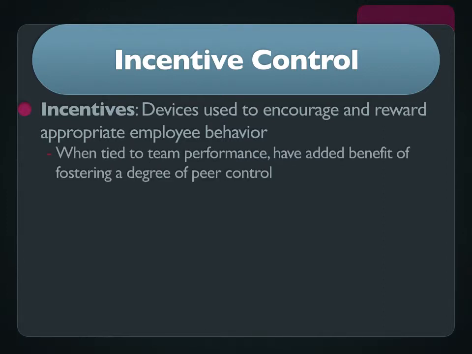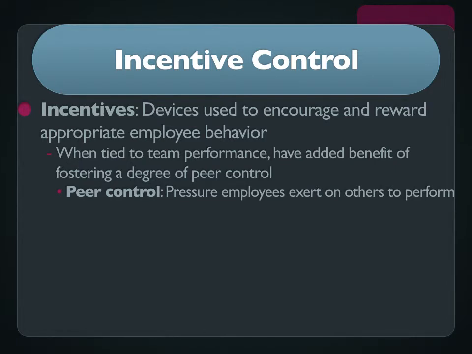When tied to team performance, it can have the added benefit of fostering a degree of peer control, peer control being pressure employees exert on others to perform. The peer evaluations in this class are an example of trying to institute peer control, so that because it's a group grade, you have a reason to encourage your other group members to work on the project.